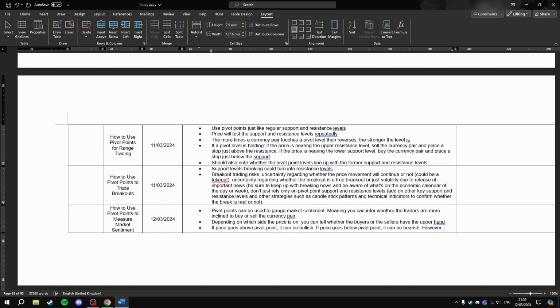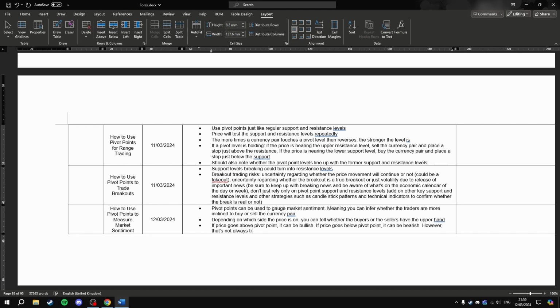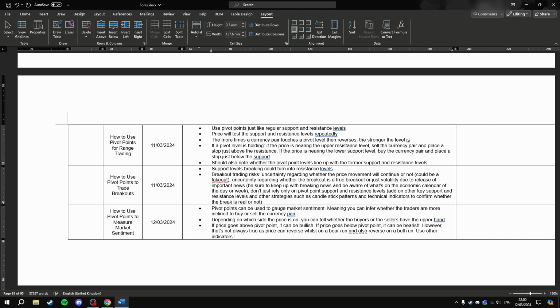However, that's not always true, as price can reverse whilst on a bear run and also reverse on a bull run. Use other indicators alongside pivot points.